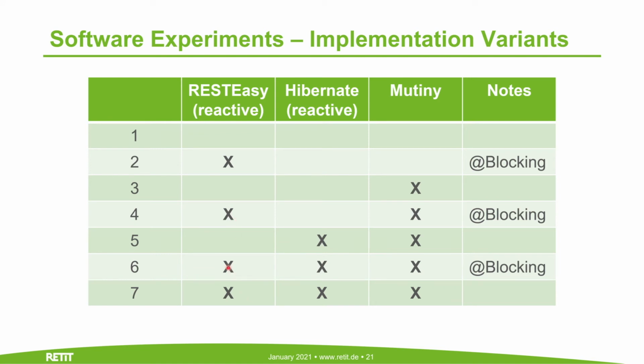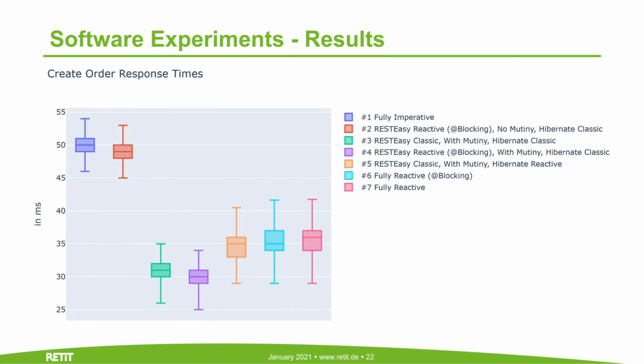And variation 6 and 7, both are essentially fully reactive, but just to see what the impact of the annotation is, we have for one version the annotation set. So now let's transition to the probably most interesting part of this presentation and see how these variations have performed.